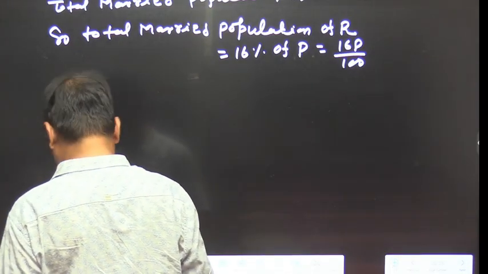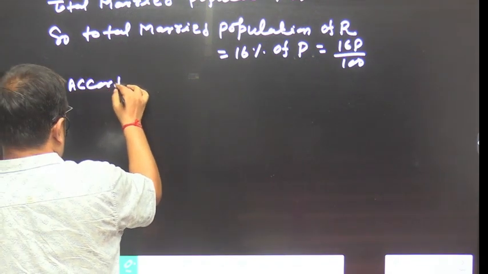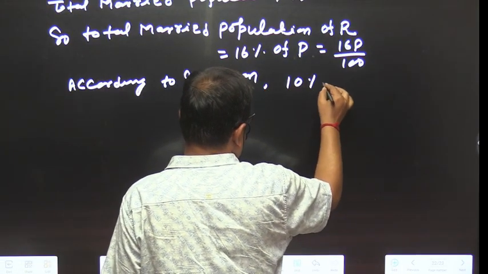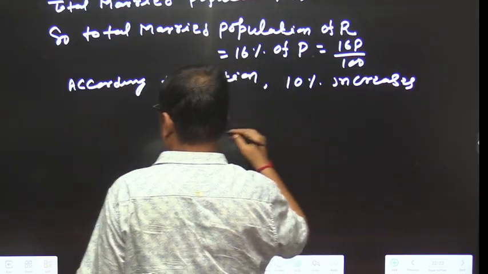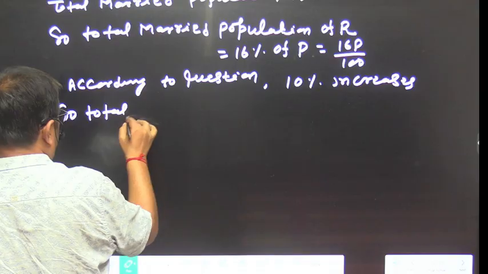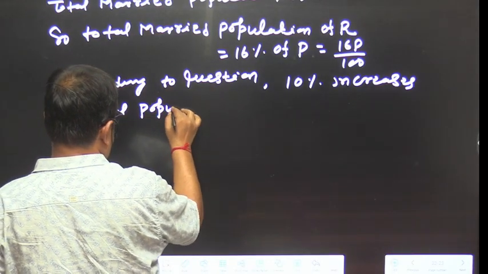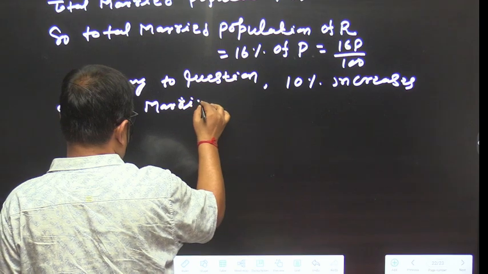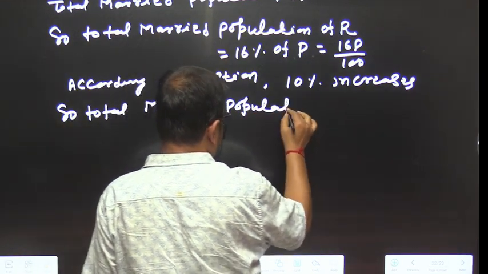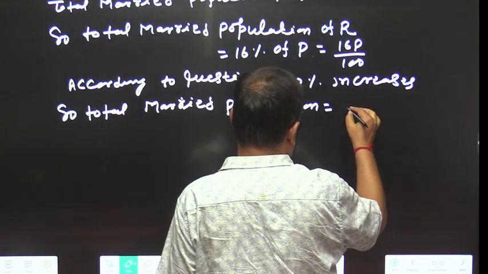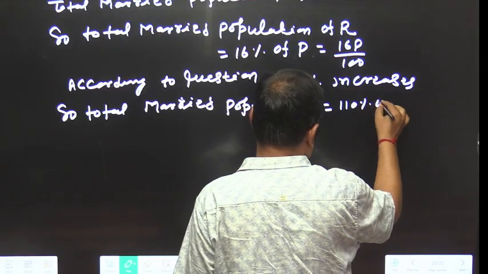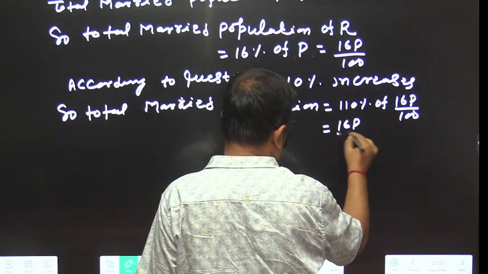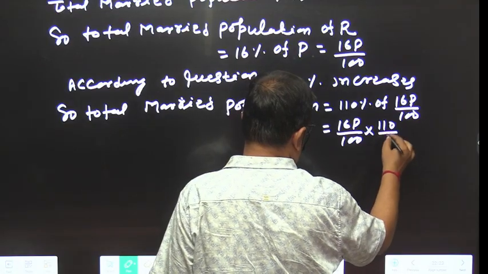According to question, 10% increases. So total married population (10% of 16p upon 100). That is 16p upon 100 into 110 upon 100.